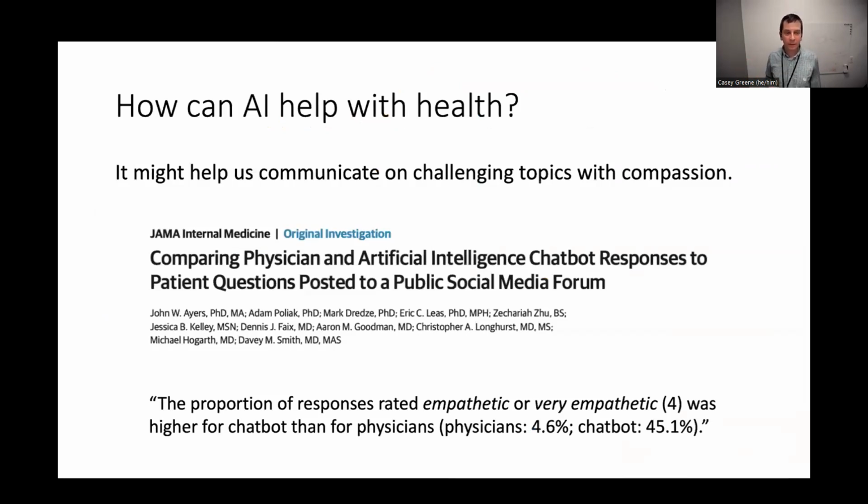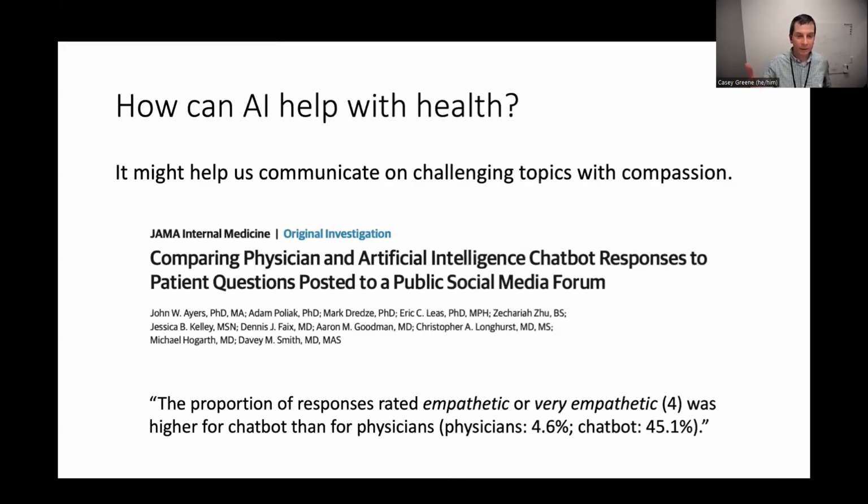So this is an example that I thought was probably one of the most interesting papers of this year. In this paper, the authors took physician responses on the Reddit Ask Docs, and they created chatbot responses to the same questions.